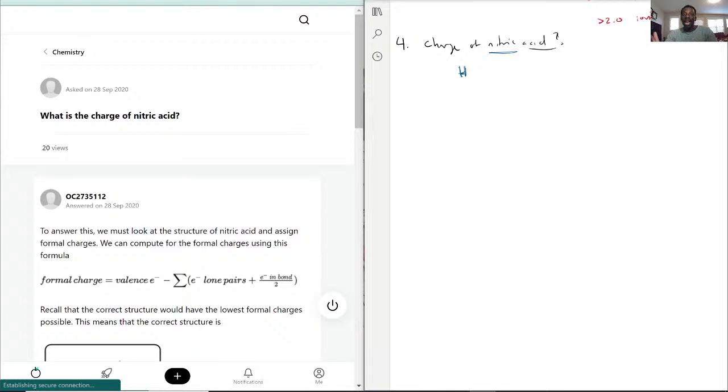With the ate ending, when you add the hydrogen or hydrogens, it goes from ate to ic. The ate gets dropped and it turns into ic acid. So if we go backwards, with nitric acid, and we take away the hydrogens, we have nitrate, okay?